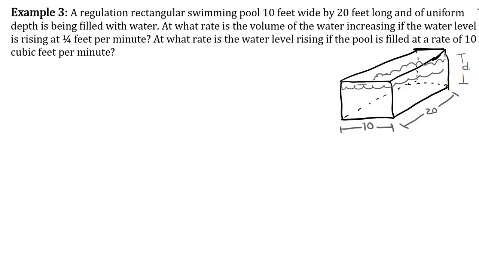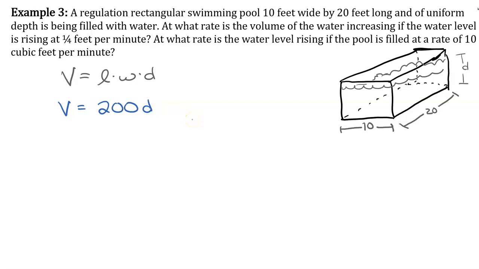Okay, so then they say, at what rate is the volume of water increasing? Well, volume, what do we know about volume of rectangular things? Well, that would be length times width times depth of all rectangular things. So based on our formula and our shape, the length is 20, the width is 10, so that's 200 times the depth.